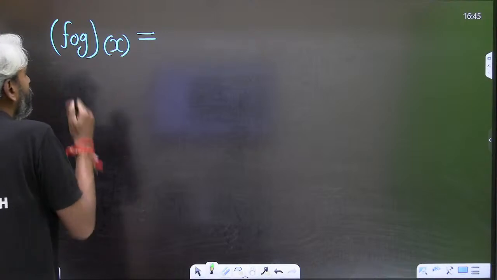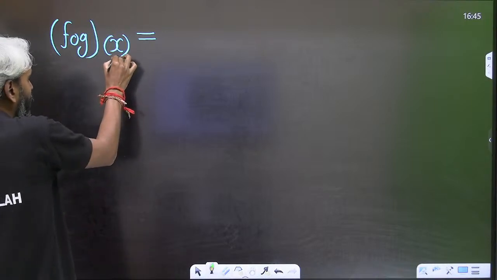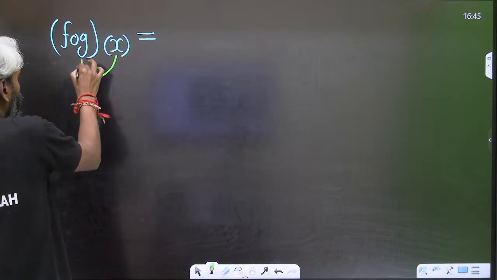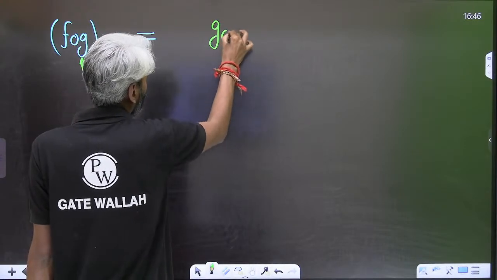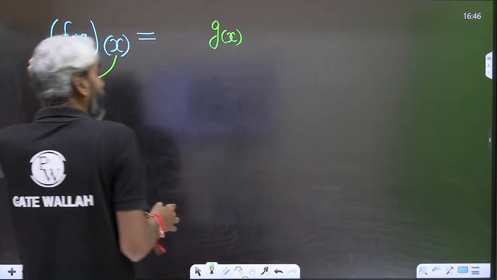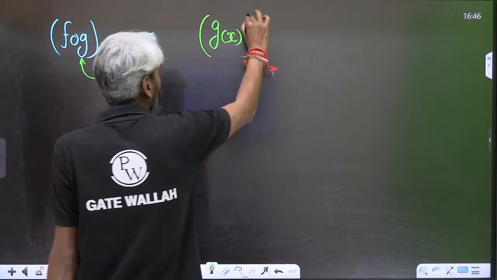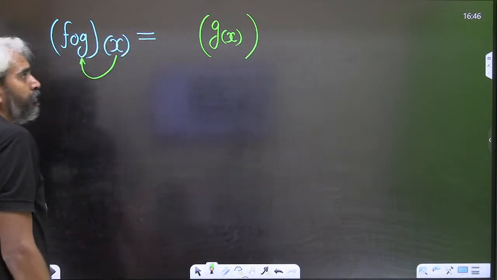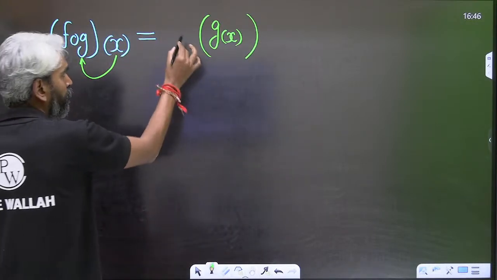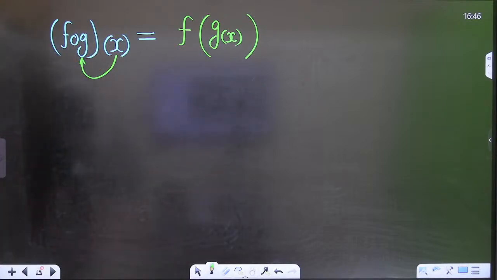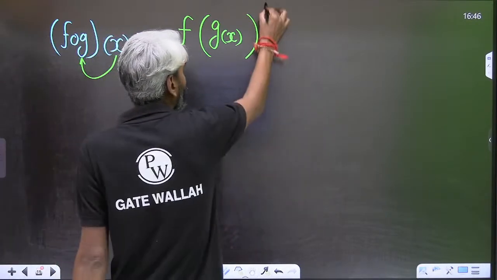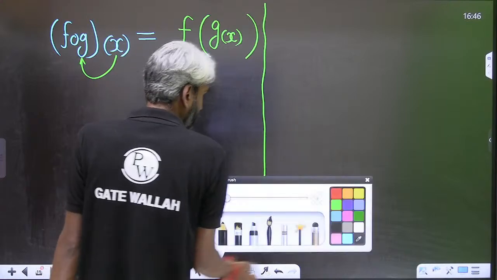This argument x will first be passed to the function g(x), and whatever the output of g(x) is, that output will be passed as an input to function f.